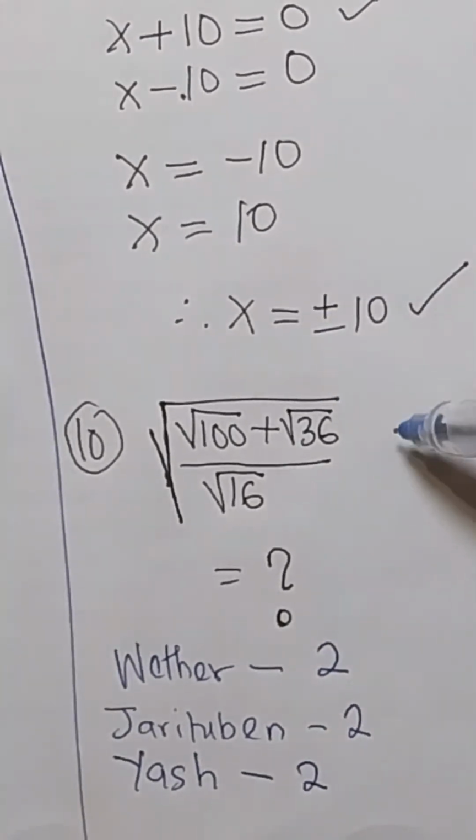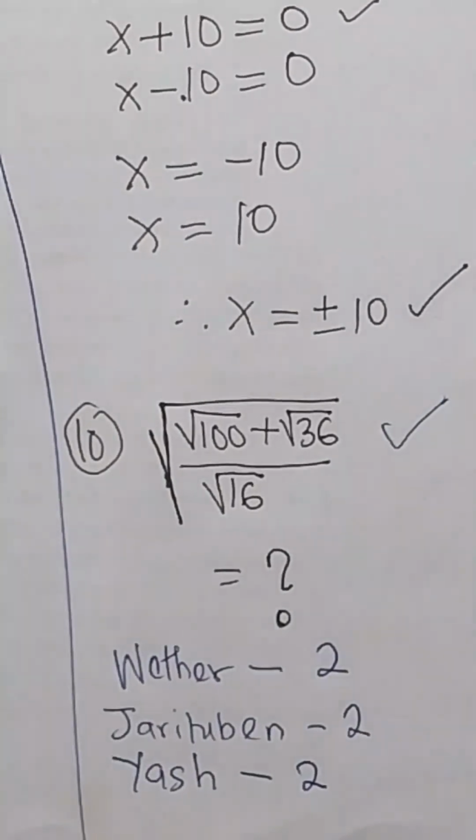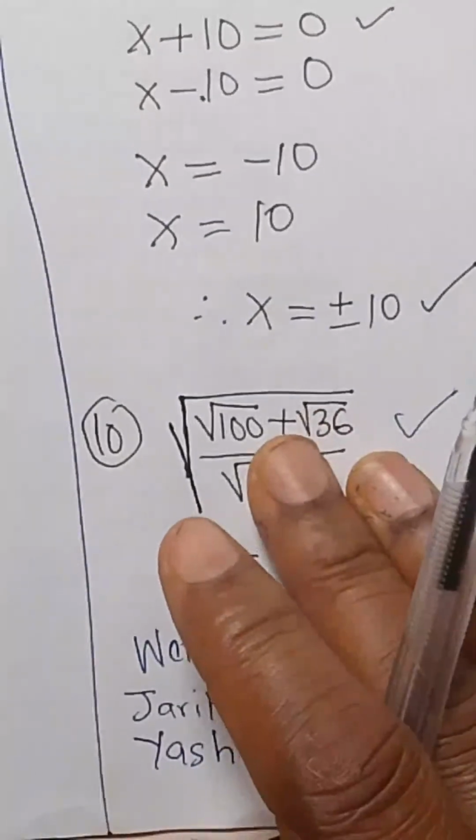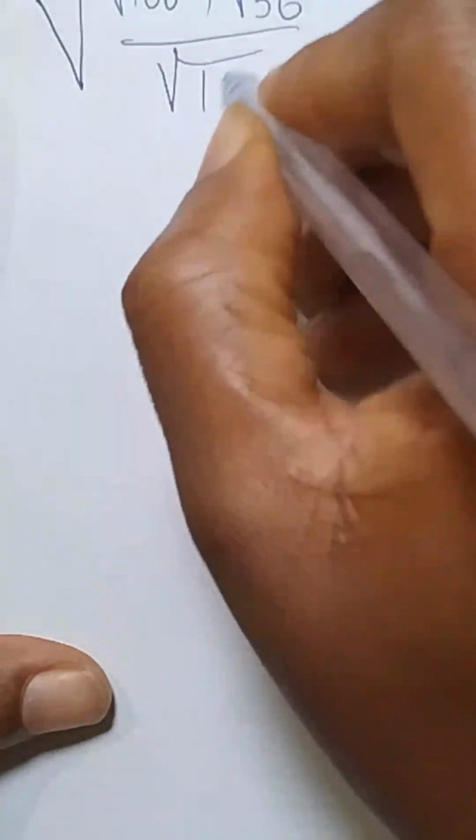So next question is already here. I should solve the next question. All right, let's solve for those who want to know the correct answer. We have the bigger square root of 100 plus the square root of 36 all over the square root of 16.